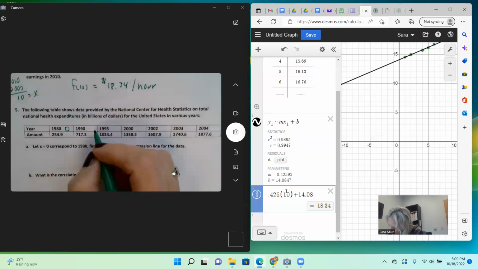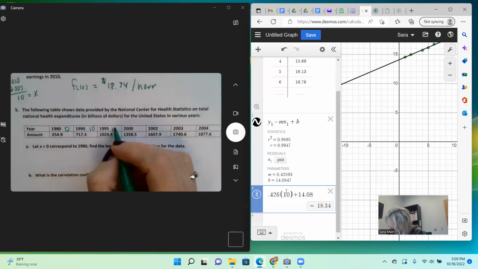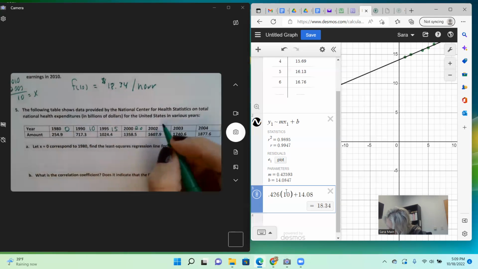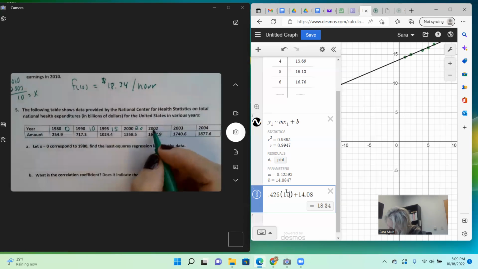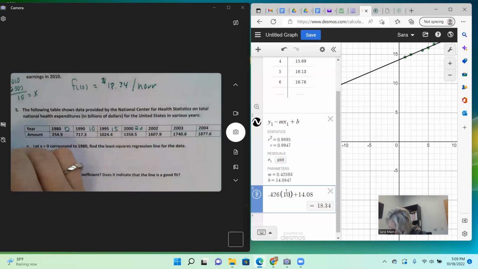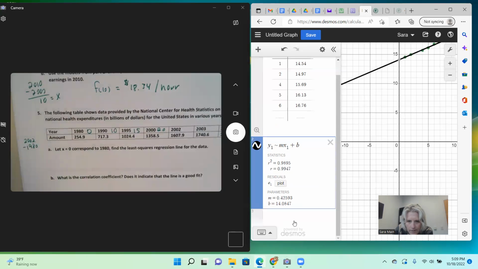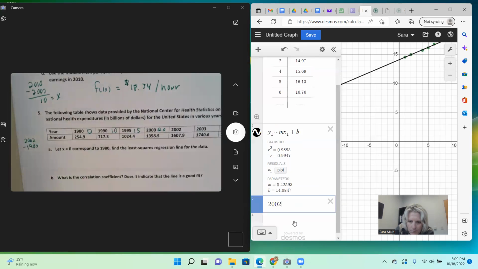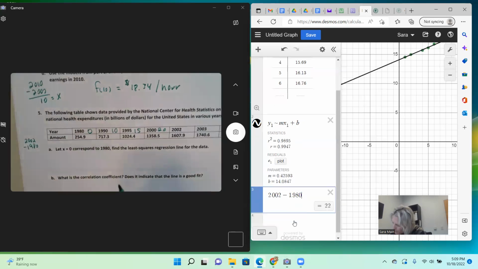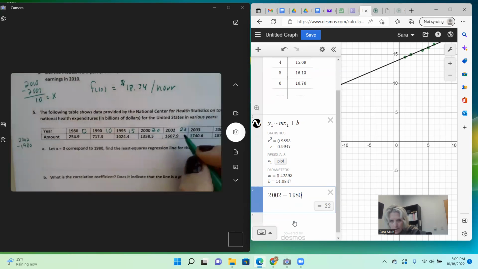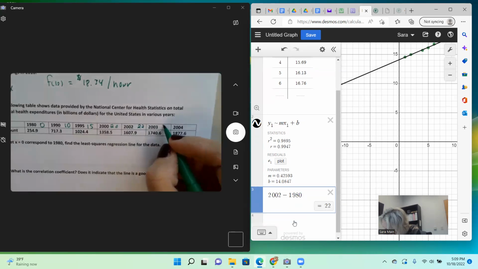So this is going to be 0. 1990 minus 1980 will be 10, 15, 20. 2002 minus 1980 would be year 22 for 2002. 2003 is 23, and this will be 24.